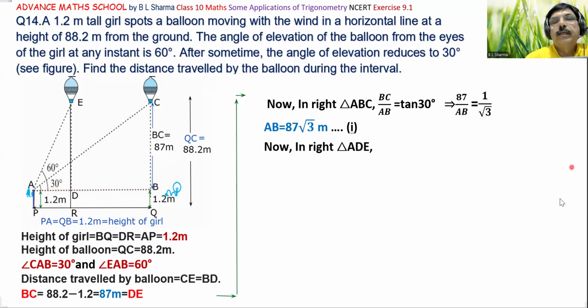Now in right triangle ADE, because the acute angle 60 degrees is involved, you can write DE upon AD is tan 60. DE is 87, and tan 60 is root 3. So AD is equal to 87 root 3 meters. AD means from here to here, this is 87 root 3 meters.